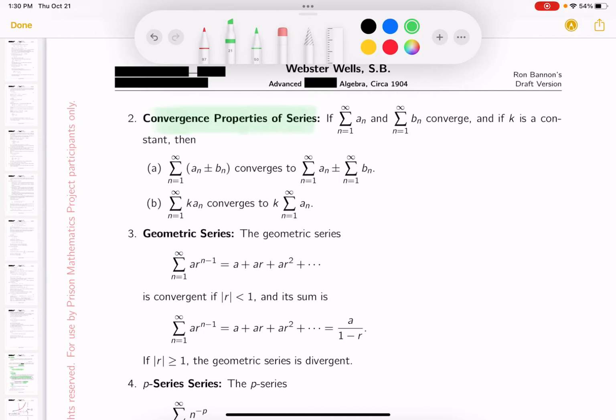I'll just say that now. Actually, you know what? I'm sorry. Maybe I shouldn't have said that. That's not true. They could be any term series. What are they doing? They're basically saying, if this series and this series converge, we can start to do things with them like add and subtract them together, and do a constant multiple of them. And that's nice to know.